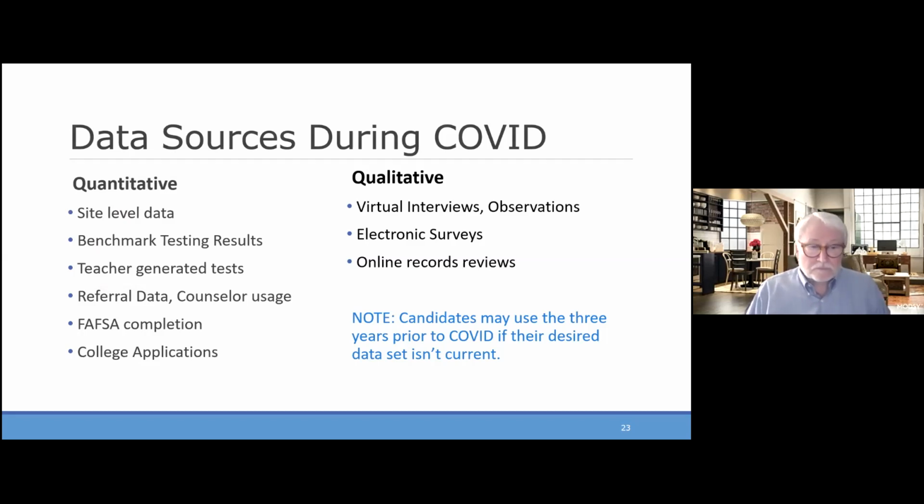The point is that we're looking for 3 years of data, and they can use 3 years prior to COVID. That will still bring them the practice of doing the investigation, looking at the data, and doing the data analysis that we're asking them to do as they develop their cycle 1 responses.